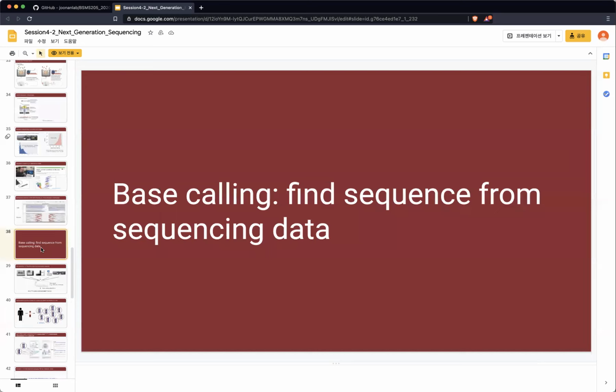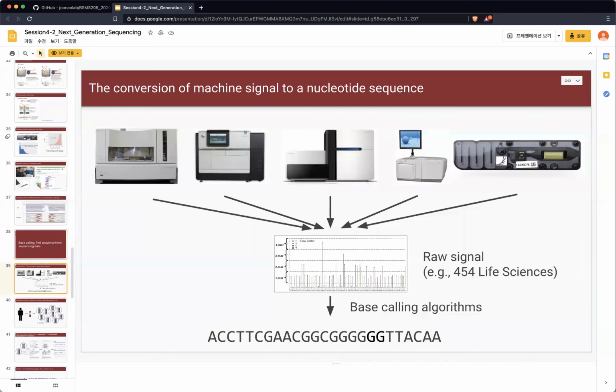Okay, so the next point is base calling, which is the process to find sequence from the sequencing data set. Any sequencing machine gives you the information for your nucleotides, right? The first information you get from the sequencing machine is some signals.